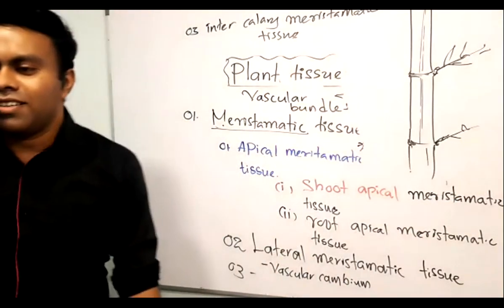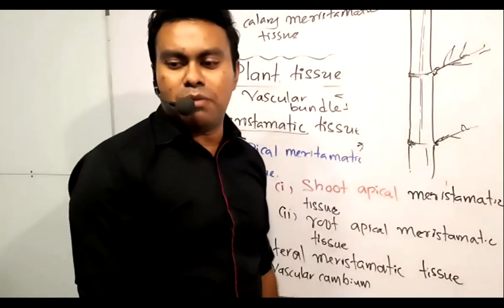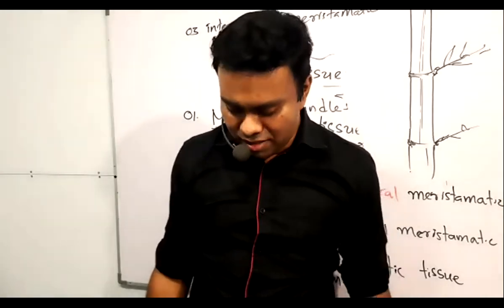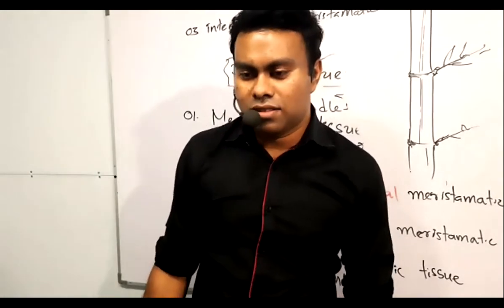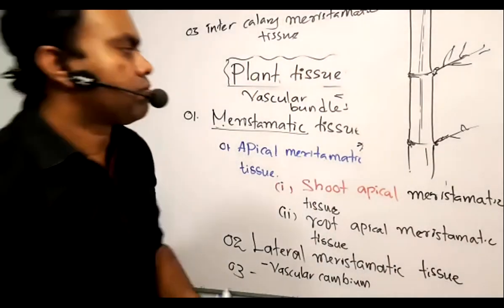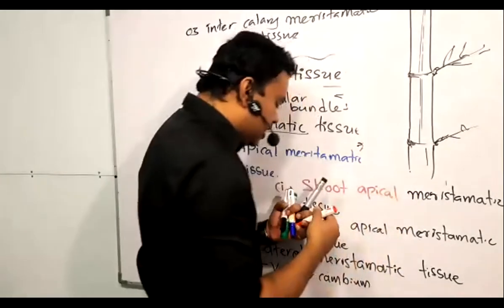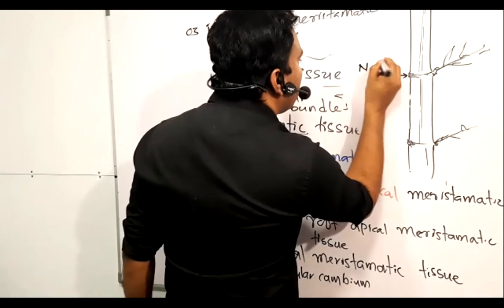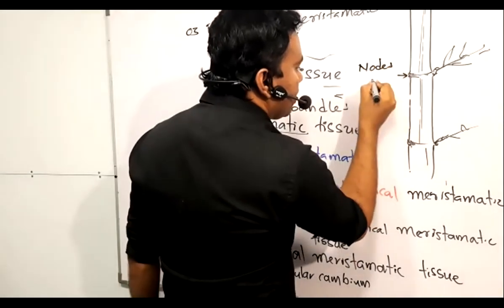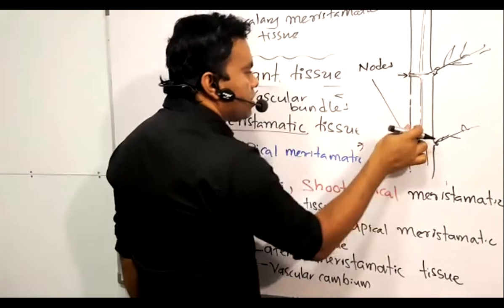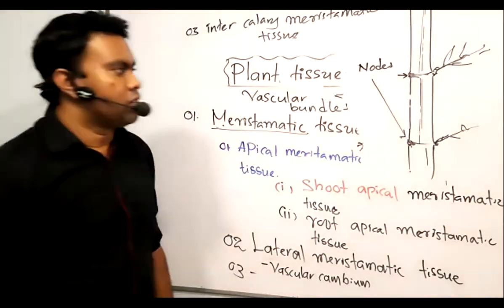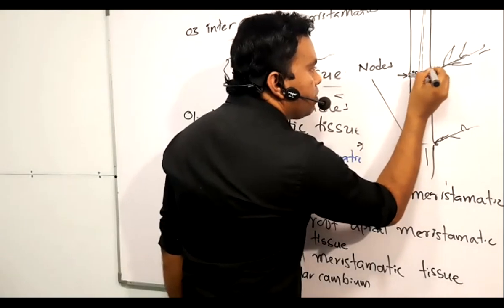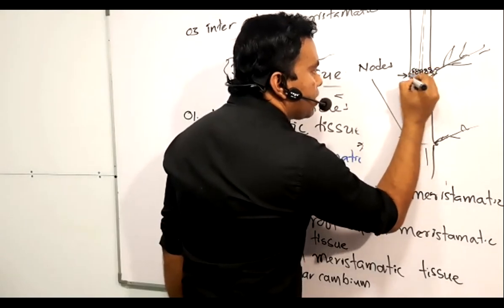So what's that plant? That's Bambusa vulgaris. Scientific name, Bambusa, bamboo. You can see nodes. On both sides of this node, you can observe a meristematic tissue.